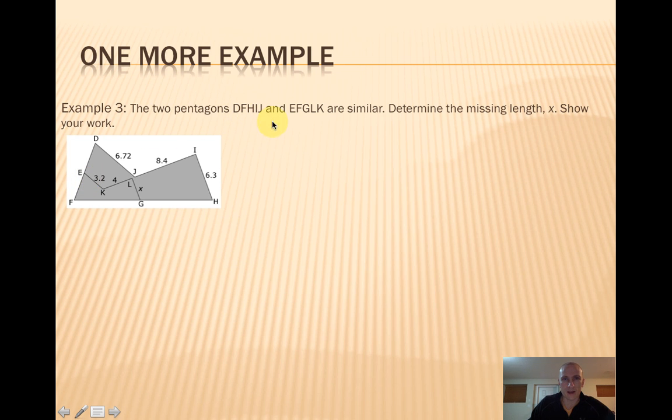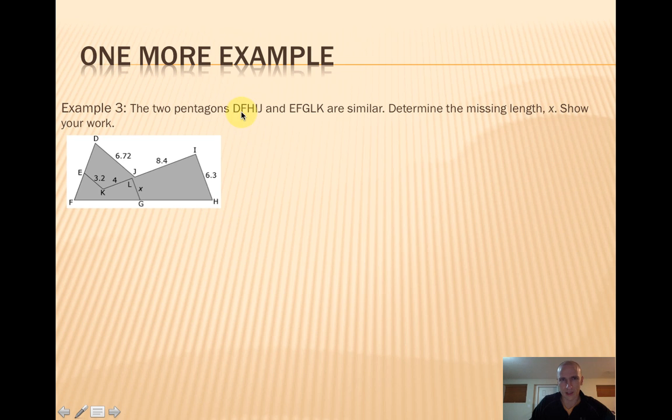The angle at F and the angle at F, well, obviously it's the same angle. The angle at H and the angle at G, so this angle and that angle are equal. The angle at I, as well as the angle at L, are the same measure. And J and K, the angle here at J, the angle here at K, they are the same.